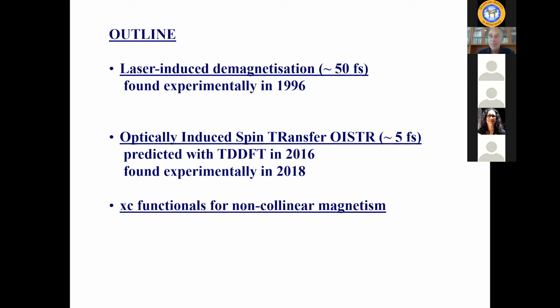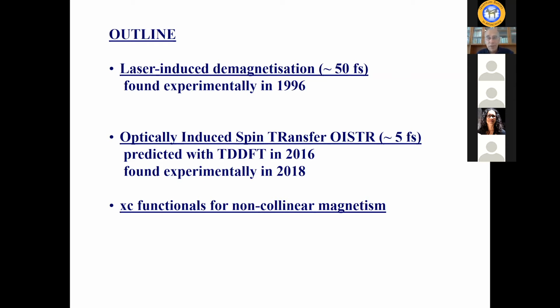It seems to me popular in this field of physics to name effects after animals like rabbit or spider. So we have added an oyster to this here. It was an effect that was predicted with TD-DFT in 2016 and found experimentally 2 years later, first by the Eschliman group in Kaiserslautern, and then by several other groups as well. So that's the second topic.